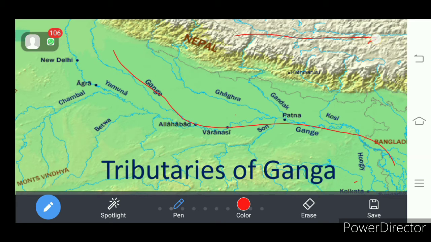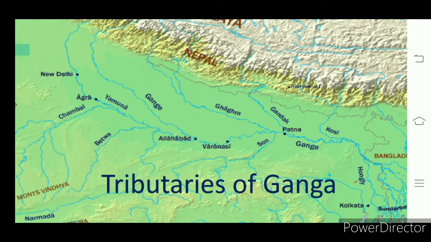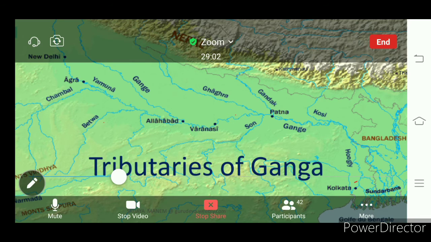In Assam it is called river Brahmaputra. It goes through Assam and from there comes again to Bangladesh. In Bangladesh this river Ganga and Brahmaputra merge. Understand? So this is the western part, central part, and eastern part of the Indo-Gangetic plains.